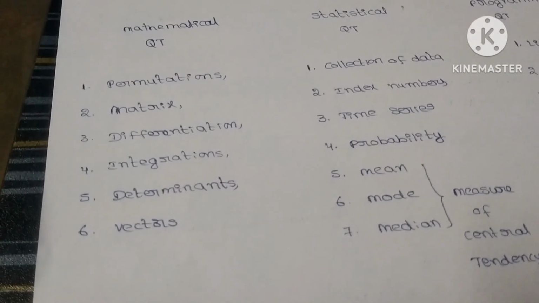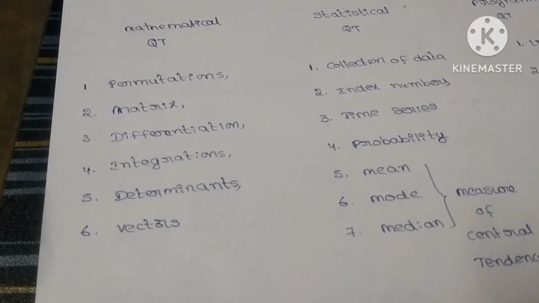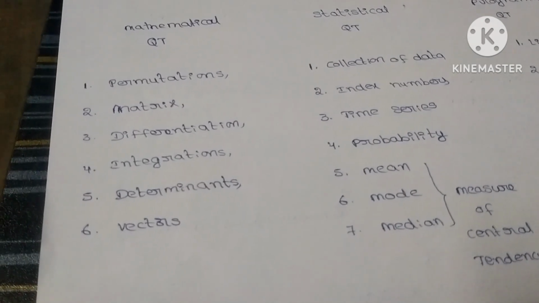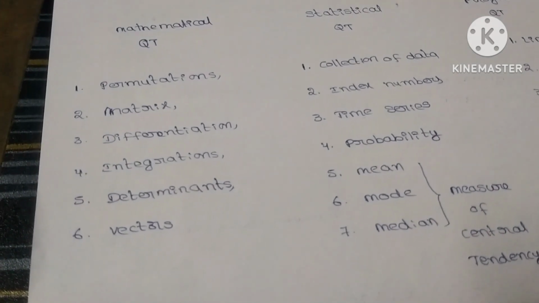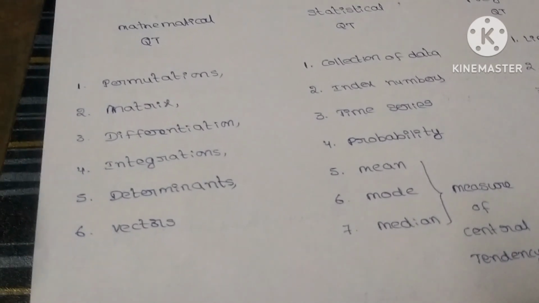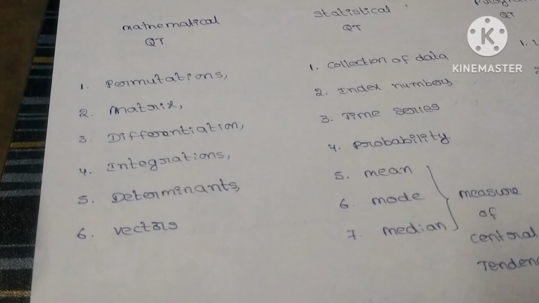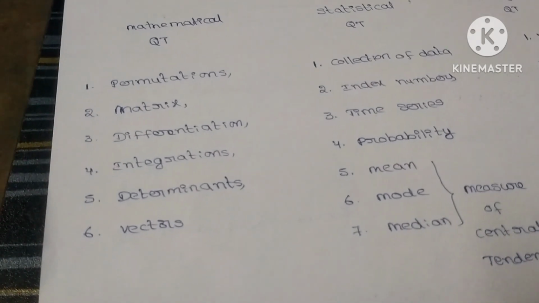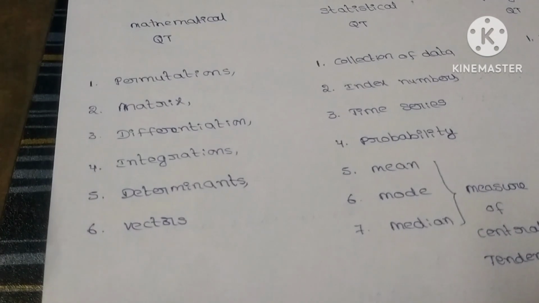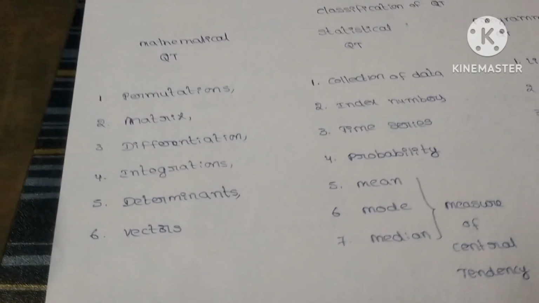Third one is differentiation, also known as derivatives. Fourth one is integrations. Differentiation and integrations come in first year intermediate. Fifth, determinants, sixth, vectors. So these are all the common chapters that you might have gone through in mathematics.